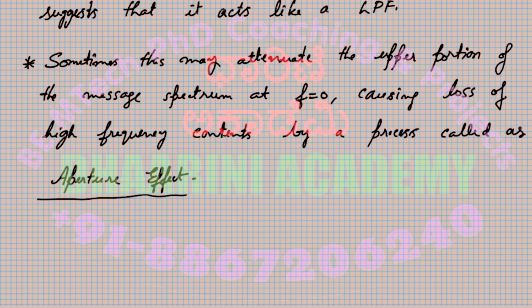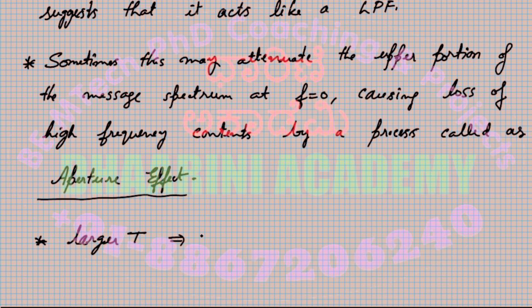This means if you have a larger pulse duration T, there will be a larger aperture effect. So you need to keep the pulse duration as short as possible. That's the whole idea here. Larger T implies larger aperture effect.